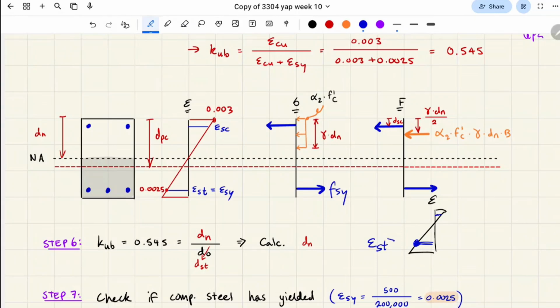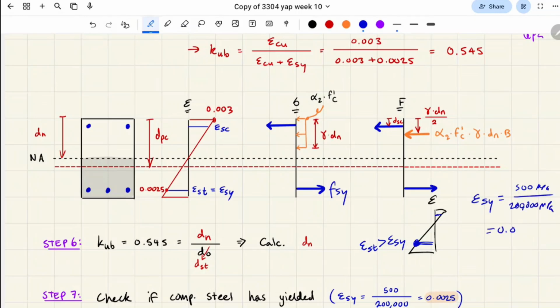0.003. Not quite. So you think it's 0.003, but it's actually this number, epsilon sy, right? Do you remember this? 500 MPa over 200,000 MPa.